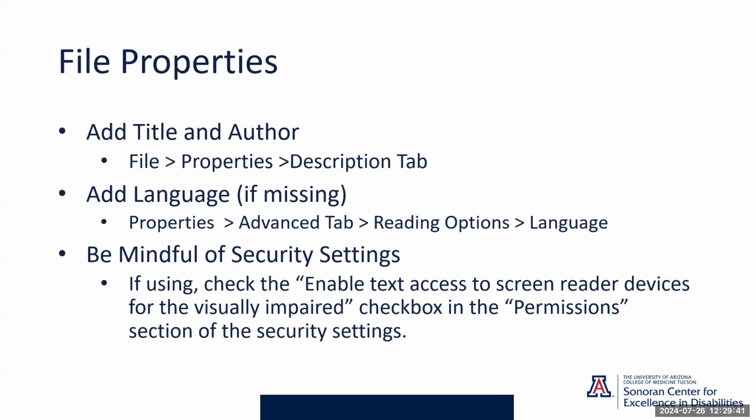And then I just want you to be mindful of security settings as well. This won't apply to everyone, but if you're using security settings that restrict permissions to the document, you may need to go in and check Enable Text Access to Screen Readers in the permission section to make sure that screen readers can access the content in your document.